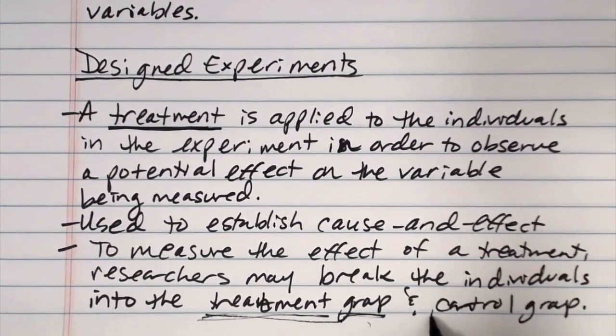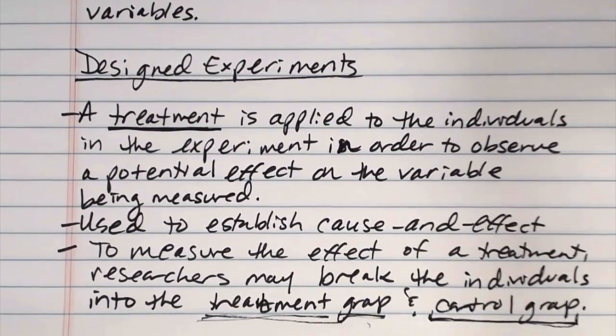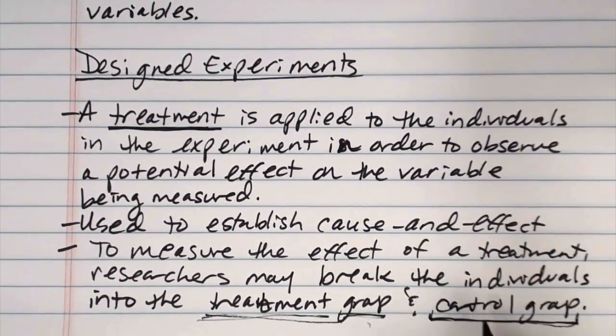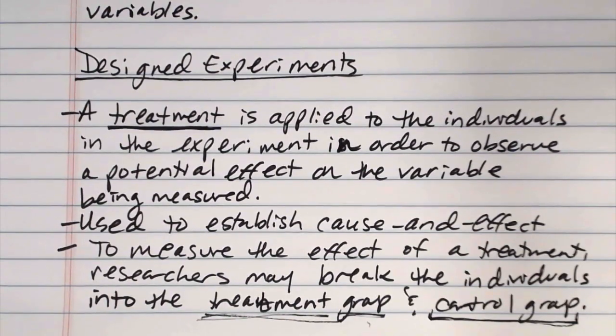The control group is simply the group that does not get the treatment. So they don't get the medication, or they don't get the tutoring, or they don't get the paint color. Okay. Now, sometimes, in some circumstances, we'll go over some terminology that's used with designed experiments. In some circumstances, this control group will get what's called a placebo.